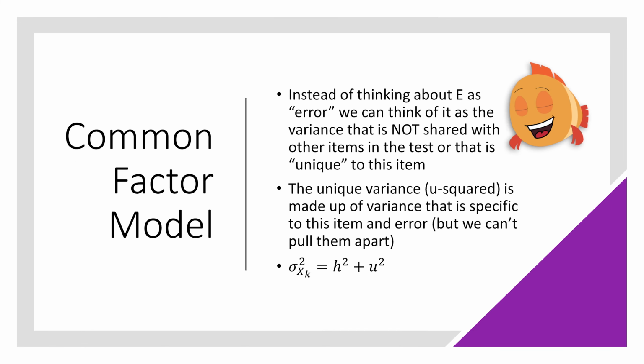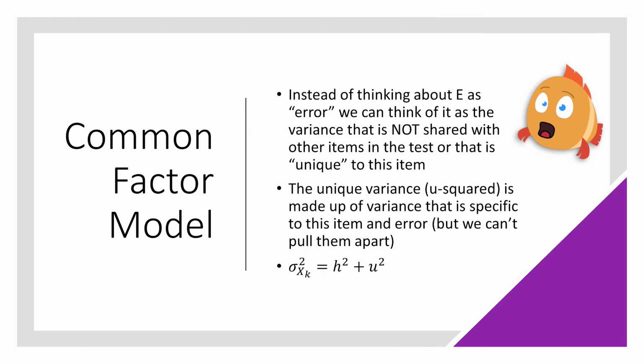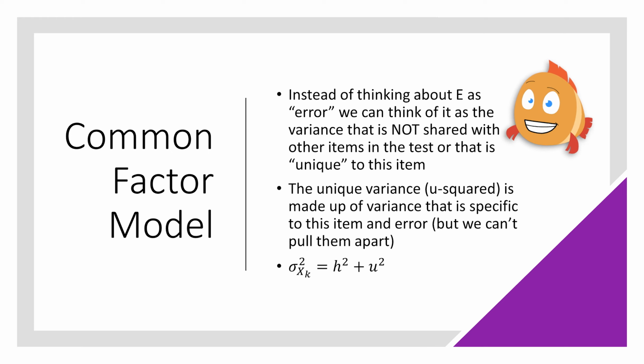So instead of thinking about E as an error, I encourage you to think about it as the variance that is not shared, the variance that is unique to that test or just measurements, the stuff that the test questions don't have in common. And this unique variance is made up of the variance that is specific to that item plus error. Unfortunately, we can't pull those apart, because if we could with this method, we would.